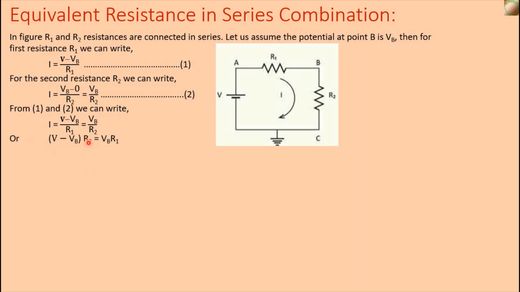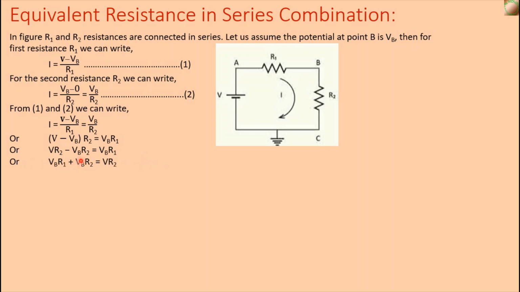So (V minus VB) into R2 is equal to VB into R1, or multiplying, V into R2 minus VB into R2 is equal to VB R1.